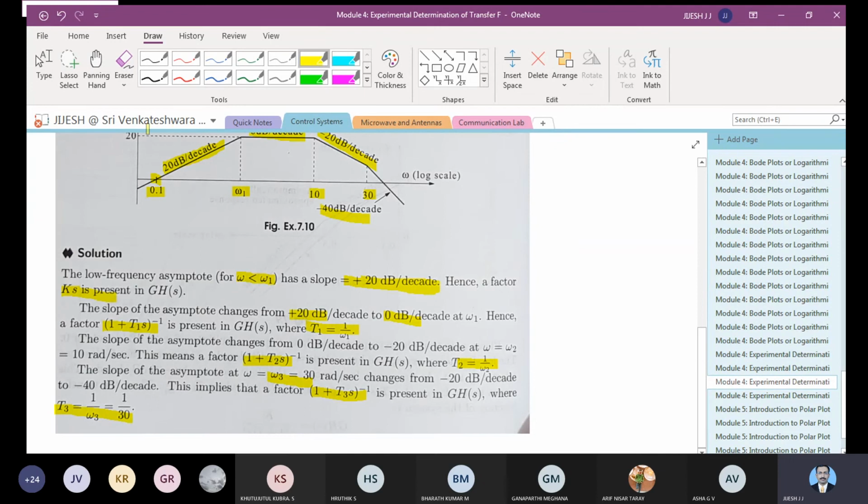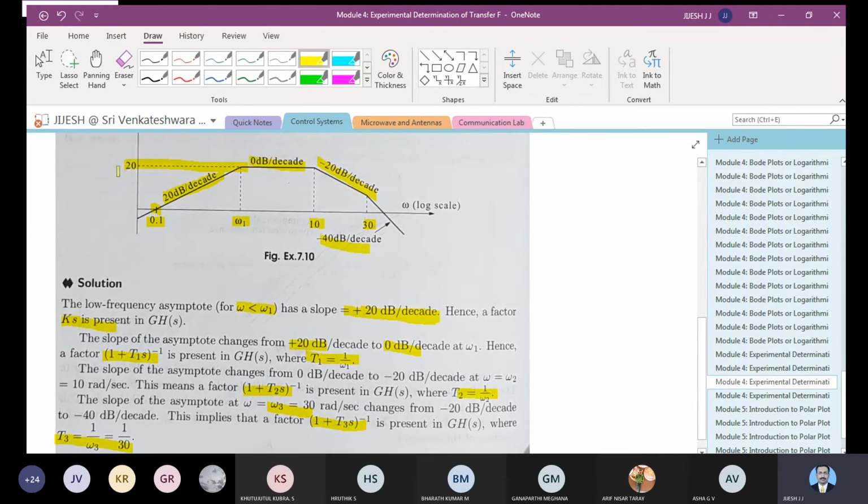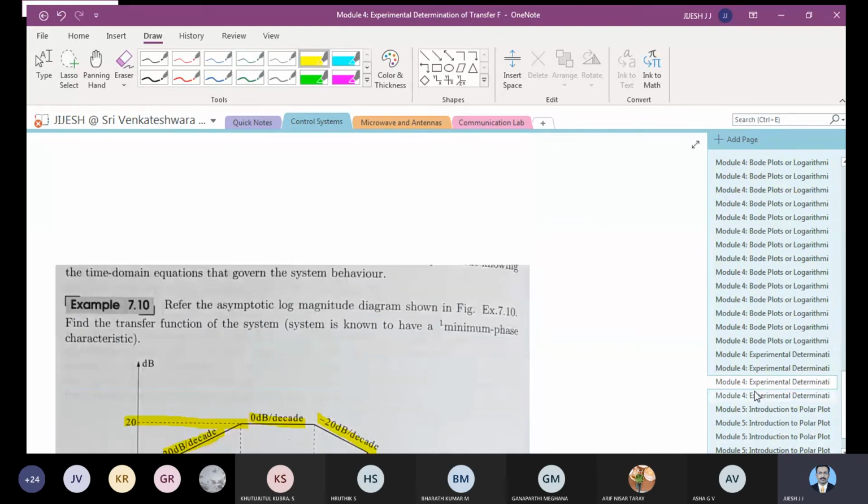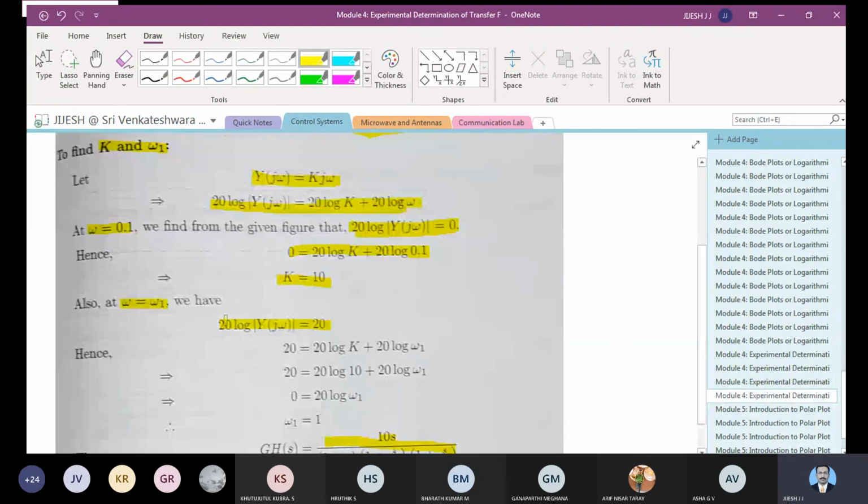So you can see here this value 20. I can just substitute that, which is given in the figure. So I can just write 20 log of Y of j omega is equal to 20. 20 is equal to 20 log K plus 20 log omega 1. From this I can calculate omega 1. When I calculate it, I'll get omega 1 is equal to 1.